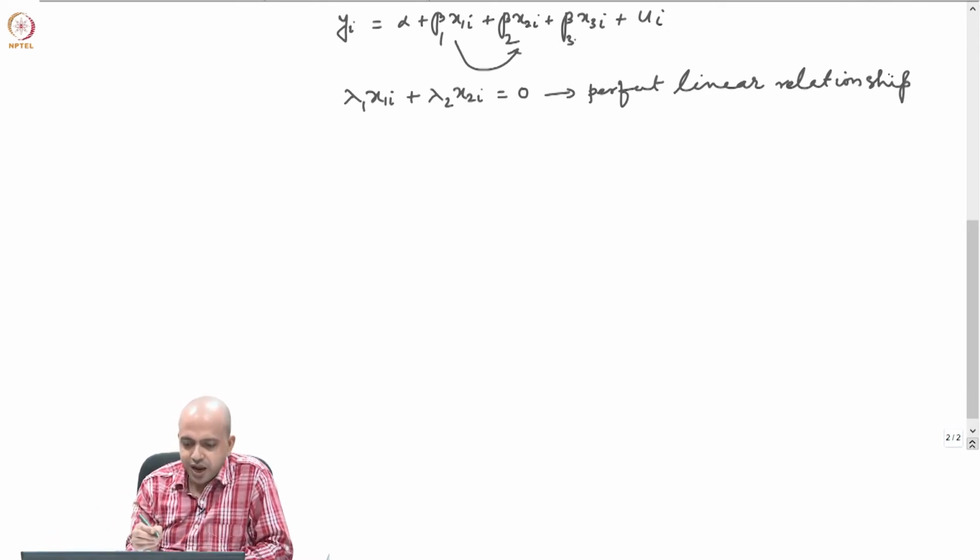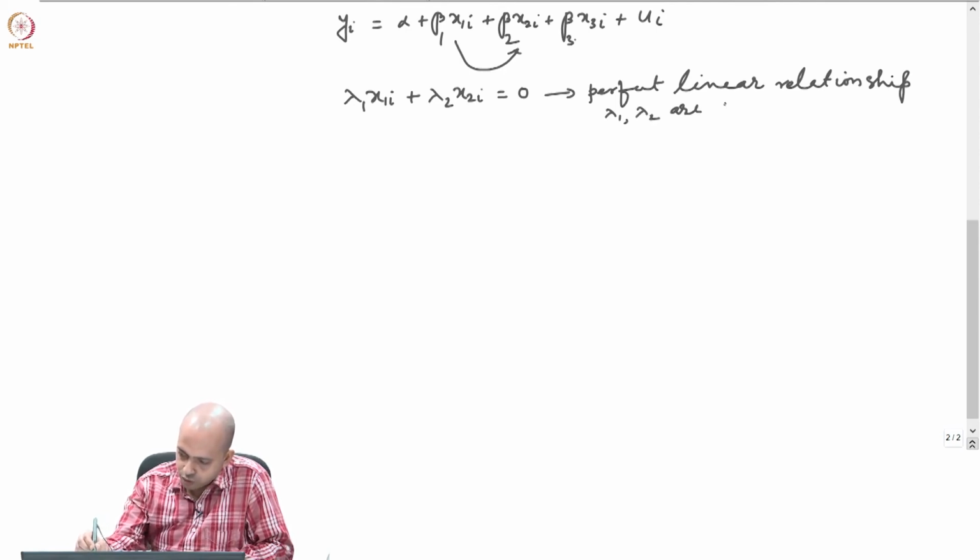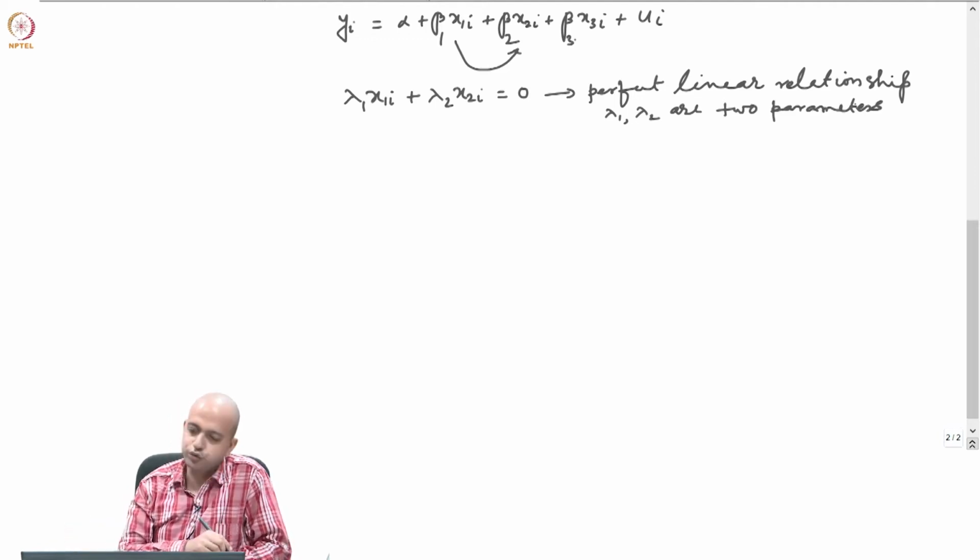Okay, because in that case you can always represent x1 where lambda 1 and lambda 2 are two parameters. This is the perfect linear dependence.